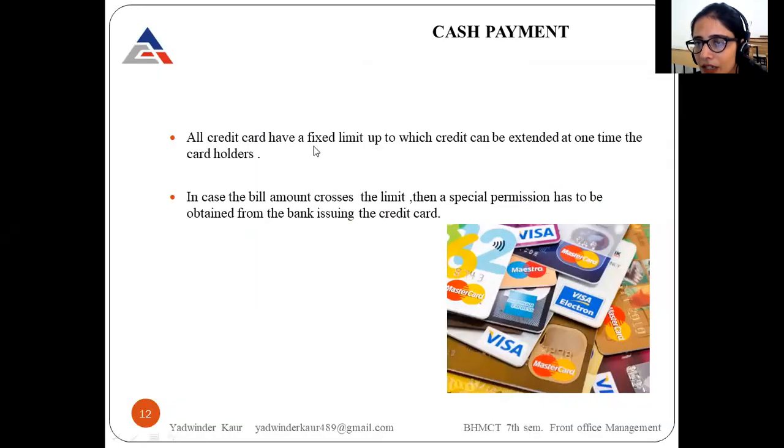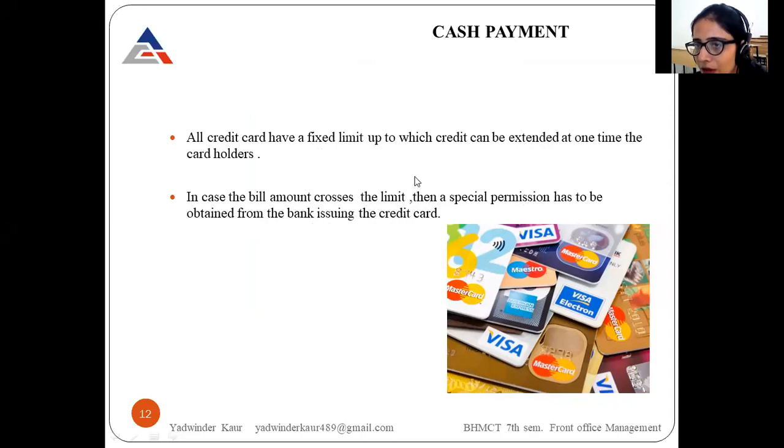Then all credit cards have a fixed limit up to which credit can be extended at one time to the card holder. In case the bill amount crosses the limit, special permission has to be obtained from the bank issuing the credit card.